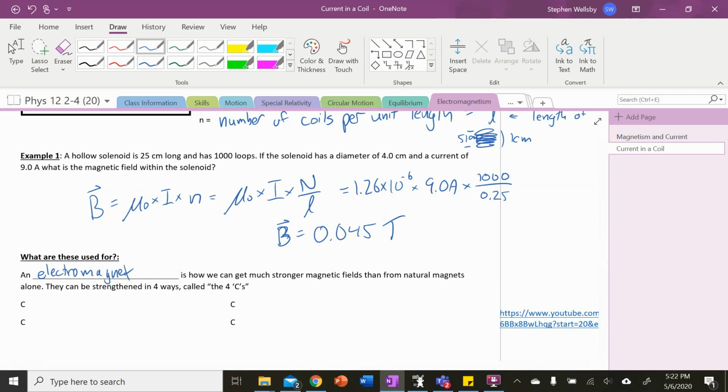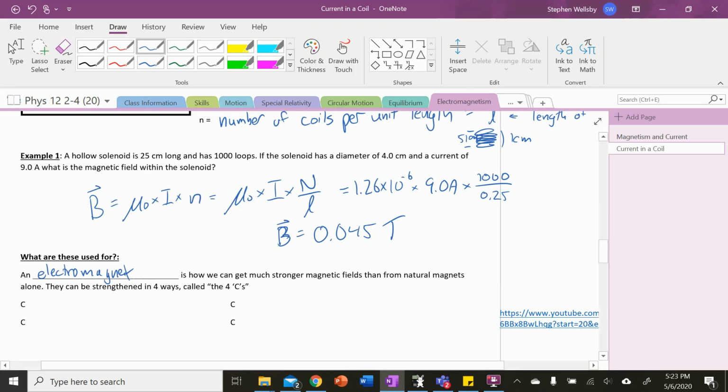The world record is about 1,000 Teslas, but those only last for a tiny fraction of a second before they explode. If you want to check out a cool video, Google Japan lab strongest magnet and watch the video. It's a magnet that they got to work for a tiny fraction of a second, and it blew the doors off this very secure lab. So kind of a cool video to check out if you want to.